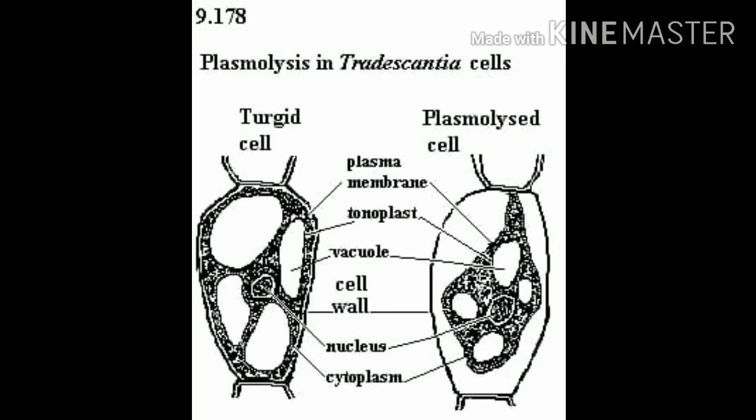Actually the plasma membrane is tightly attached to the inner side of the cell wall. So in normal cells we cannot clearly observe the plasma membrane. In order to study the plasma membrane, it should be separated from the cell wall. How is it possible? When we plasmolyze these cells.